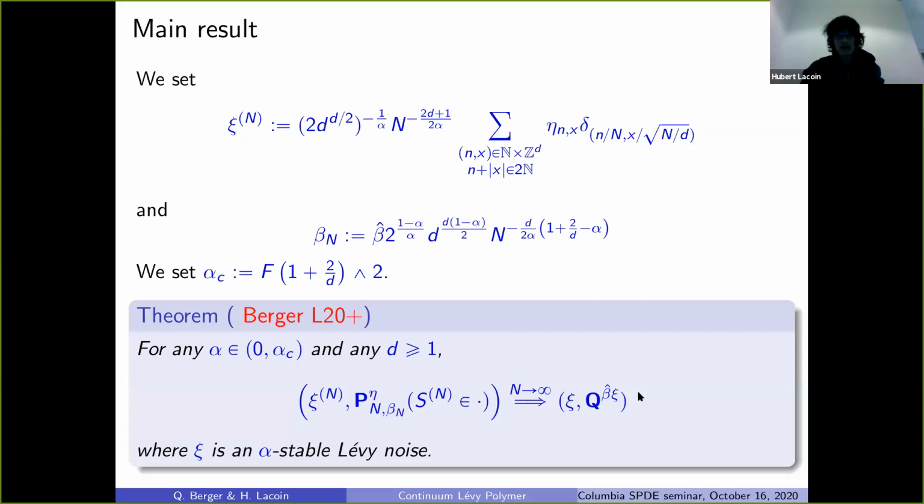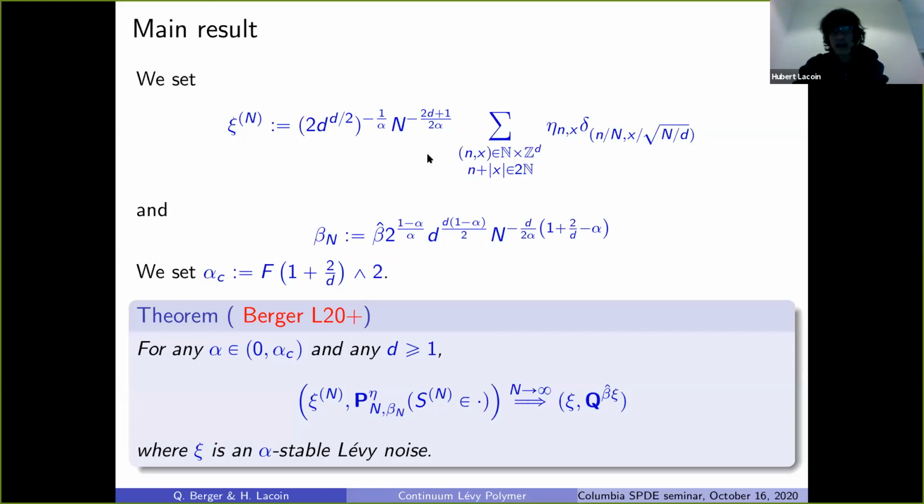What we obtain is that the noise is indeed the limit of the IID environment seen as a distribution. There is a small subtlety, which is the reason why you have factors 2 everywhere: you have to consider only the environment on even sites. You want n and x to have the same parity, because the other sites shouldn't matter at all, since the random walk can't visit them.